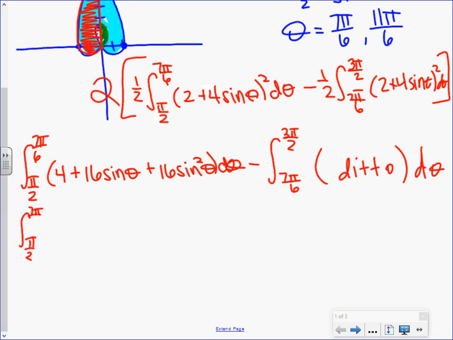Okay, 16 sine squared theta. What do we have to change it to?